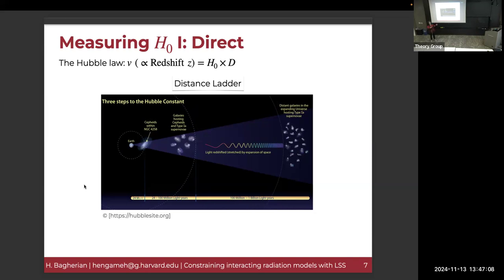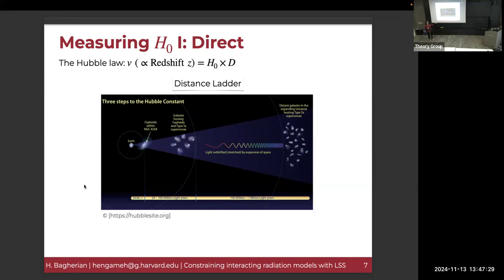Basically, we want the Hubble flow to dominate over any other velocity. The only objects that are far enough and bright enough for us to do that are supernovae.